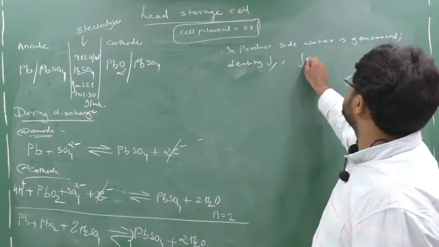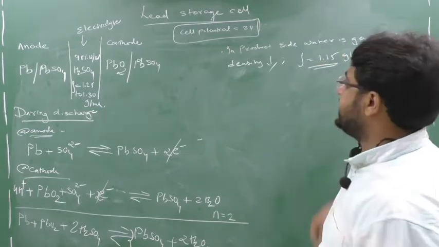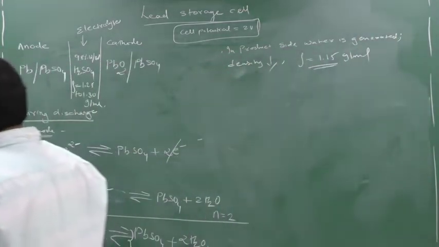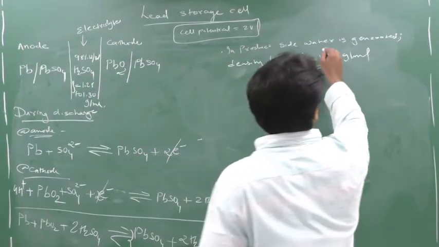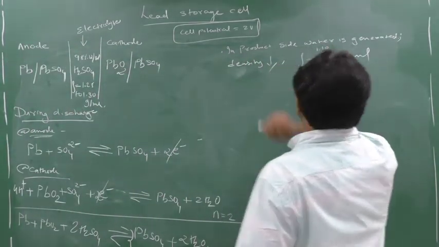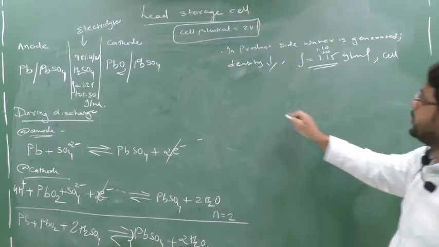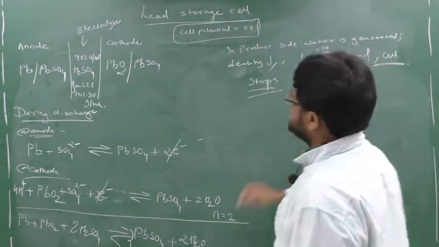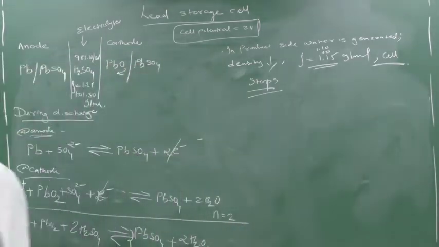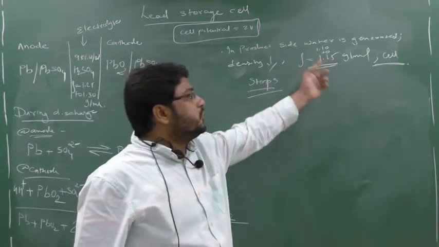When density comes to 1.15 gram per ml, or 1.10 to 1.15 suppose, what happens? Cell stops. So this cell stops giving the electric current when the density changes to 1.10 to 1.15.